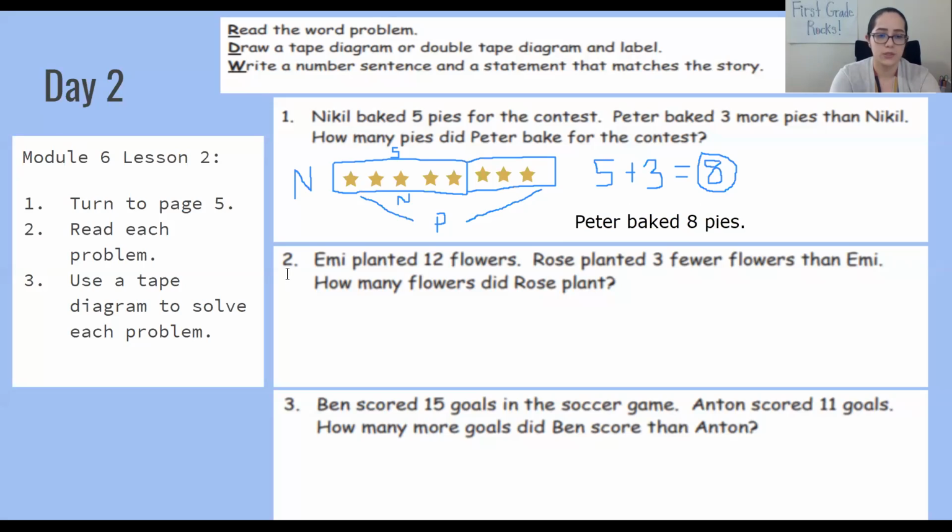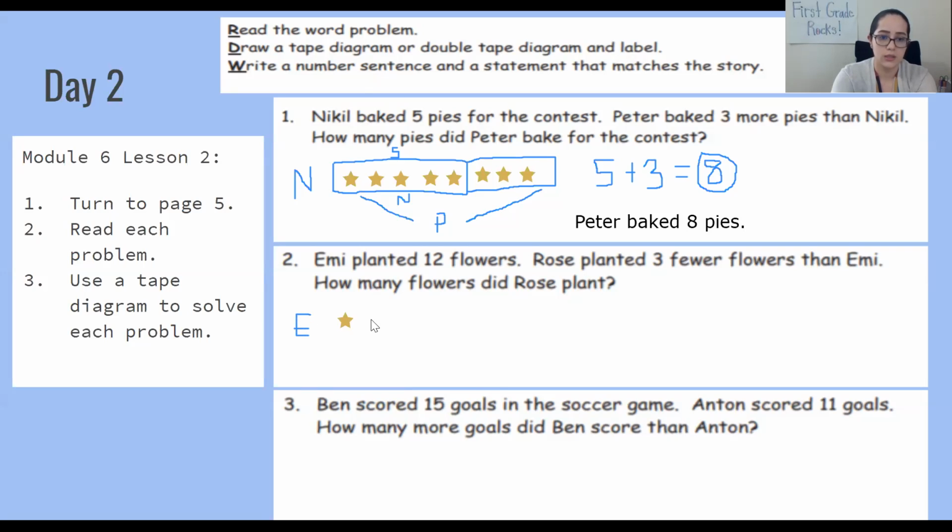Okay, number 2. Amy planted 12 flowers. Rose planted 3 fewer flowers than Emmy. How many flowers did Rose plant? So I'm going to reread the first sentence and see what I can draw. Emmy planted 12 flowers. So I'm going to label this E for Emmy, and she planted 12 flowers.